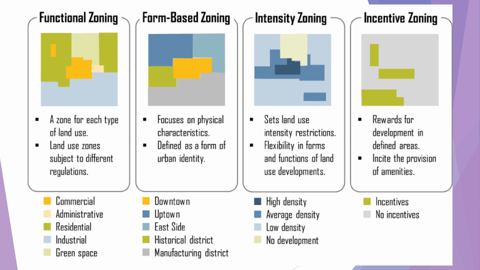The third one here is intensity zoning, so where you acknowledge that the middle of town is going to be dense living, dense activity, transport hubs, and then you work out from there. You might also have some areas that are green space that are no development. Incentive zoning is kind of what you get when you don't have any planning or have little control on planning.